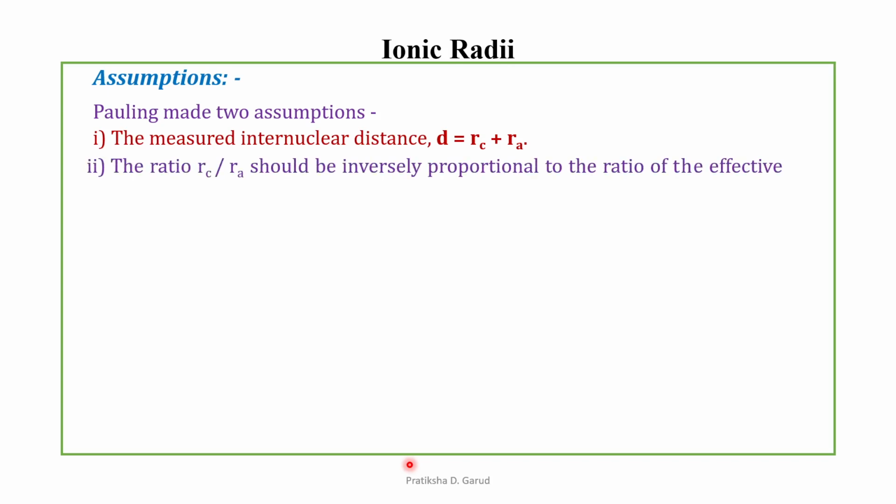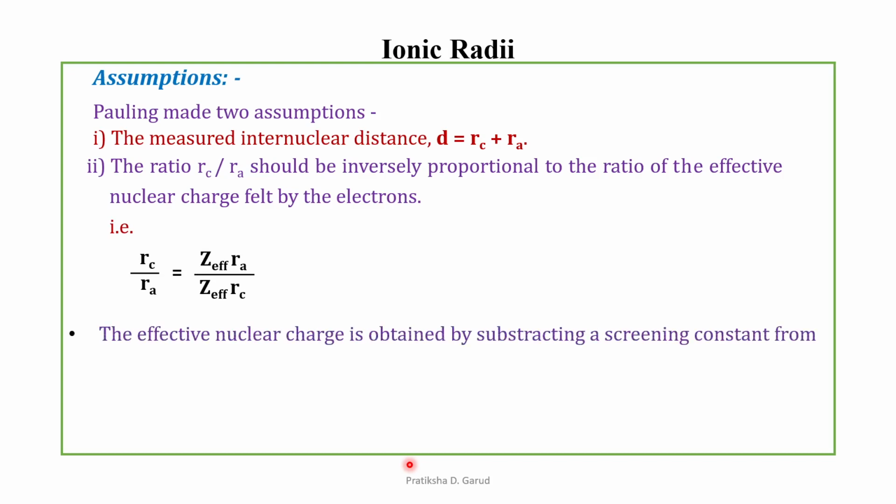The second assumption is that the ratio Rc upon Ra, radius of cation to radius of anion, is inversely proportional to the ratio of the effective nuclear charge felt by the electrons. So Rc upon Ra is equal to, inversely proportional meaning opposite, Z effective of anion to Z effective of cation.